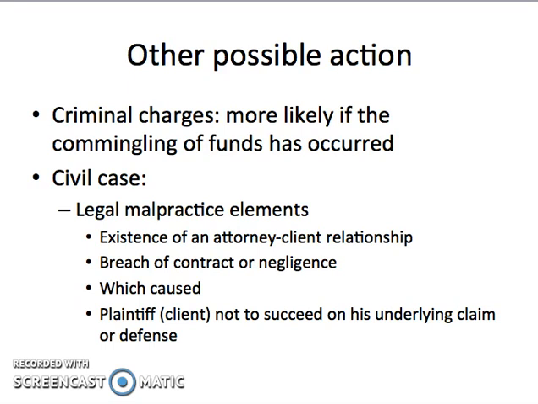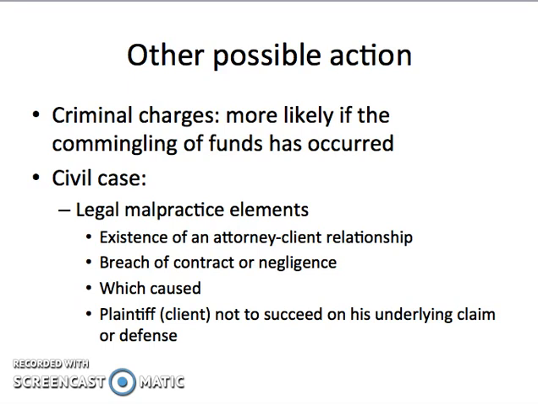There's also the civil case. Most common one would be legal malpractice. Legal malpractice cases are very difficult to win because they are challenging. The first couple things you need to prove are pretty easy, that you in fact had a client retainer agreement. So you're going to have paperwork, your client's going to have paperwork, so to prove the existence of that relationship is pretty easy.